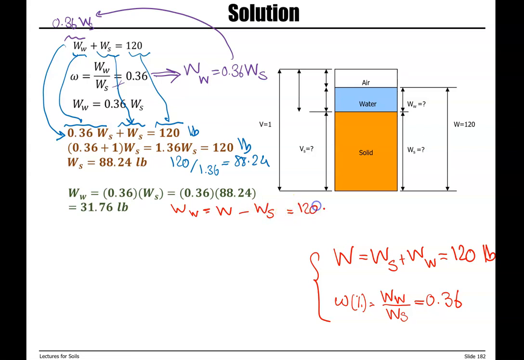So 120 minus 88.24, which again gives you 31.76. Now we have weight of water as 31.76 and weight of solids as 88.24.